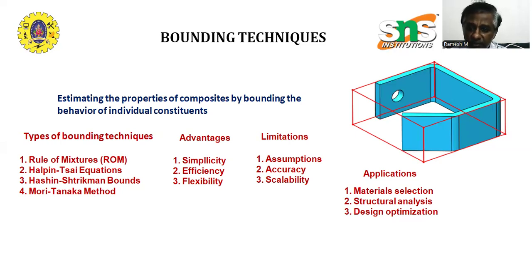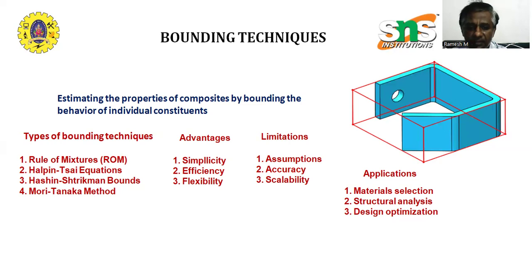It is a variational method that estimates the elastic properties of composites by bounding the behavior of individual constituents. The last technique is called the Mori-Tanaka method. Generally, it is called a mean field method that estimates the elastic properties of composites by considering the fiber matrix interaction.